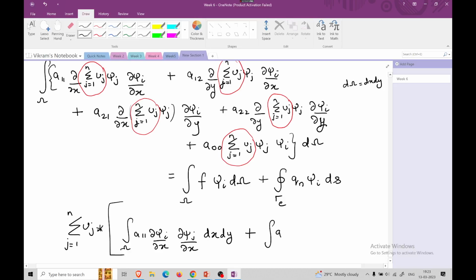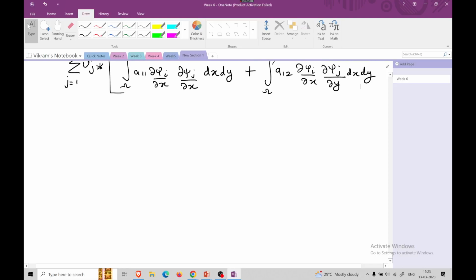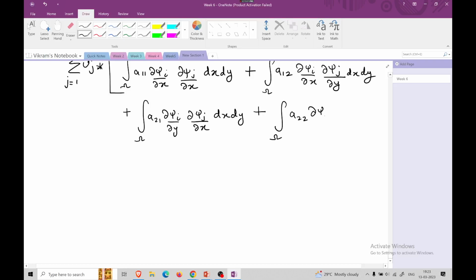plus a12 into dou psi I by dou x into dou psi j by dou y into dx dy. Then for a21 I can write dou psi I by dou y into dou psi j by dou x dx dy, plus a22 dou psi I by dou y into dou psi j by dou y dx dy, plus a00 into psi I into psi j.